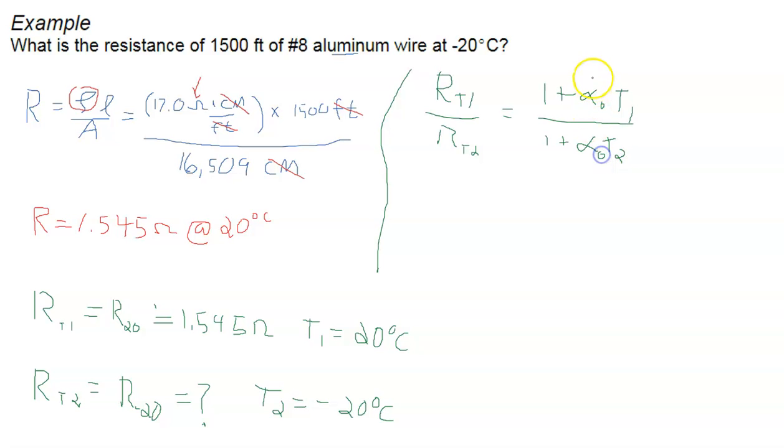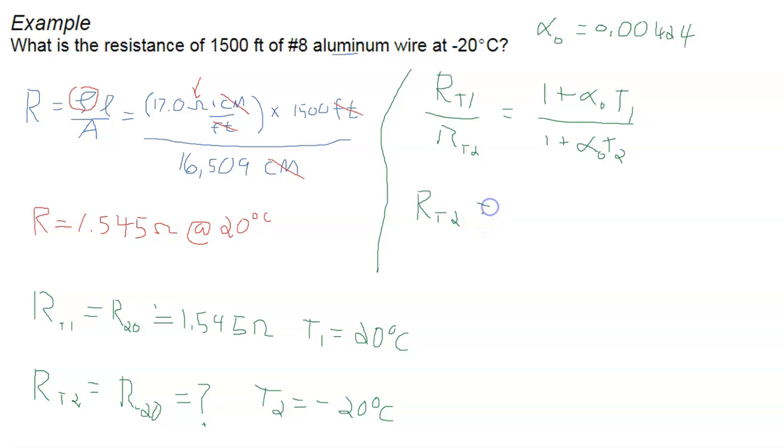And we need alpha 0, which is the temperature coefficient of aluminum. And we need to get that from the table, again, of properties of common conducting materials. And if we do that, we find that it is 0.00424.